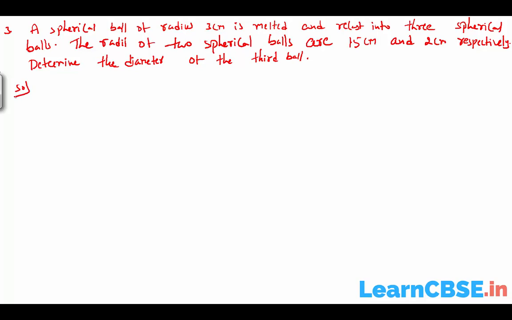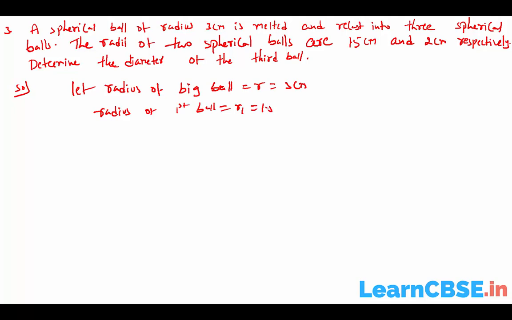Solution. Let the radius of the big ball be r equals 3 centimeters. Radius of the first ball equals r1, that equals 1.5 centimeters.